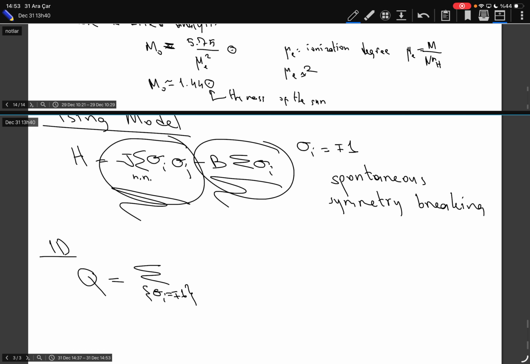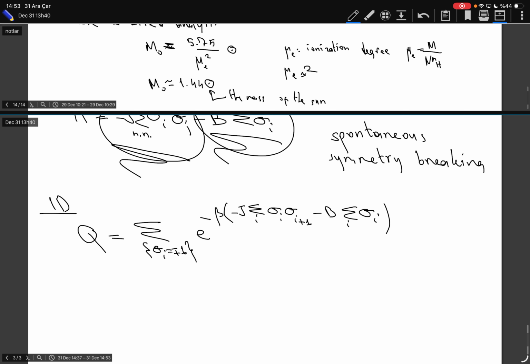All of those values. And we have e to the power minus beta times minus j sum over nearest neighbors sigma I sigma I plus 1 minus b sum sigma I. This is my partition function.